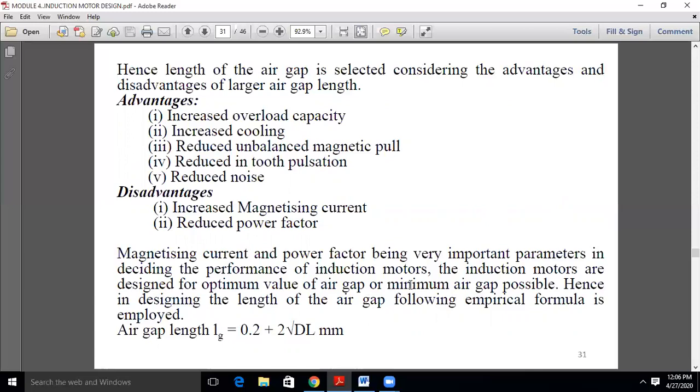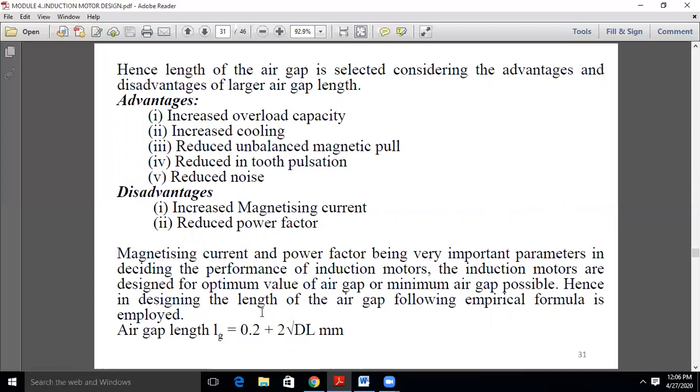We need to keep in mind that whatever air gap we have in the induction motor should be as minimum as possible, in order to avoid the problems of low power factor and high magnetizing current.